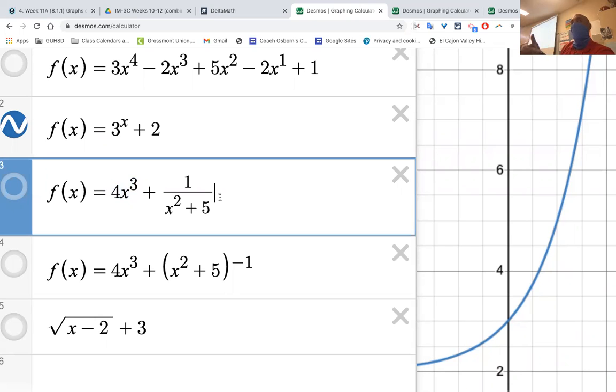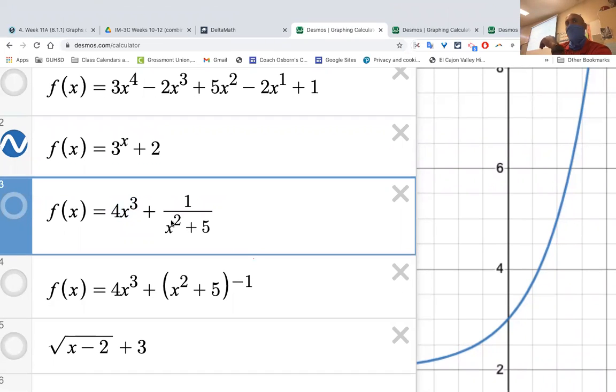And because it's under 1, that's a rational. I don't know if you remember this from when we were simplifying before. I can take this part on the bottom, the x squared plus 5, and move it to the top. And what happens when you move it to the top is the exponents become negative. So if I move it to the top, it looks like this now. And anytime I've got a negative exponent, not a polynomial. So that doesn't work either.